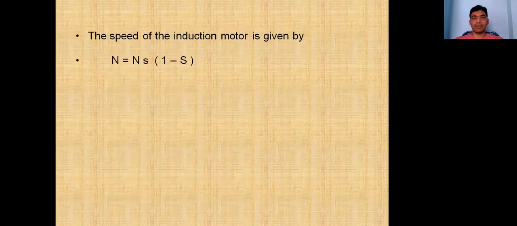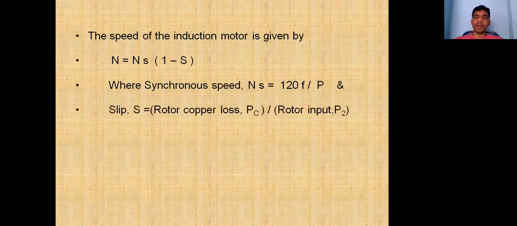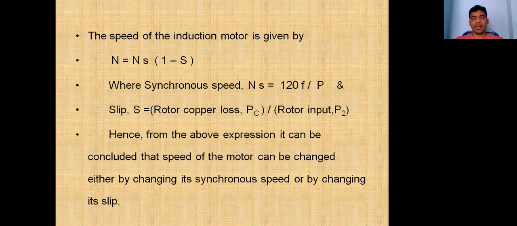Speed of the induction motor N is equal to Ns into (1 minus s), where synchronous speed Ns is equal to 120 f by P, and s is the slip, which is rotor copper losses per rotor input.